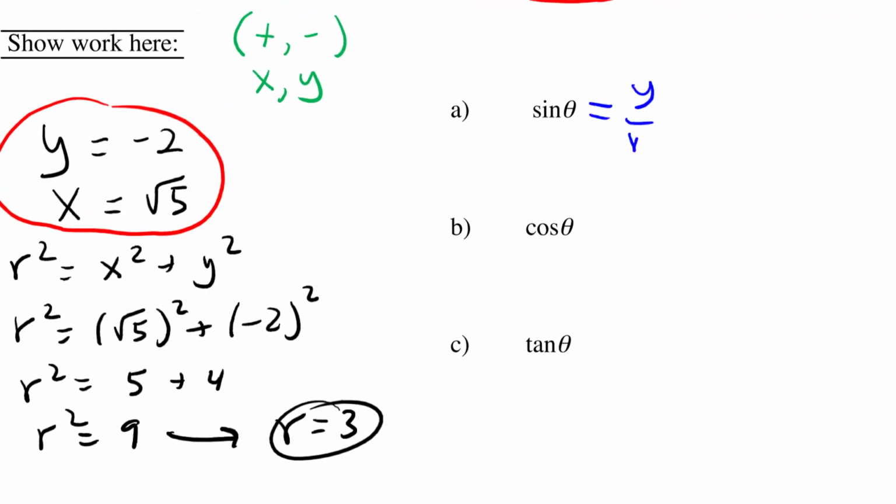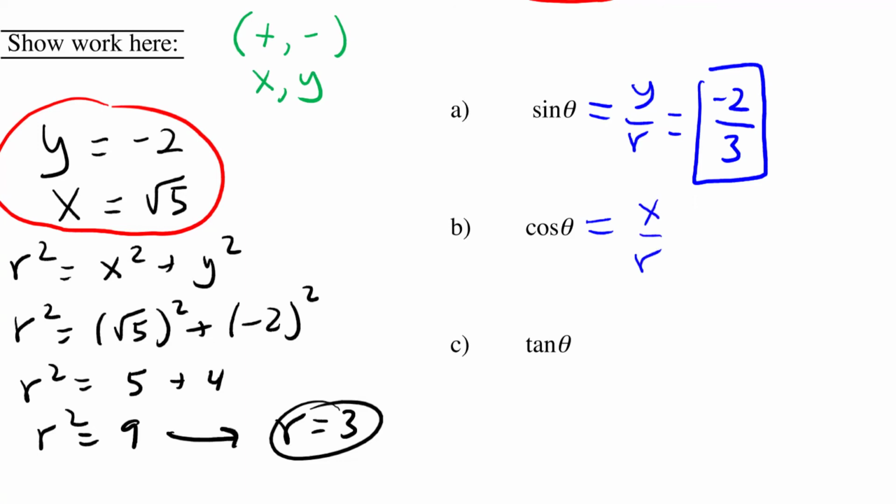So the sine of theta, I always write it down, y over r, is negative 2 over 3. And that doesn't simplify, negative 2/3. Good answer. Cosine of theta, x over r. Hope you're getting used to these new definitions. And in this case, that's radical 5 over 3.